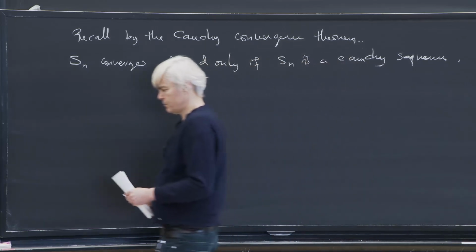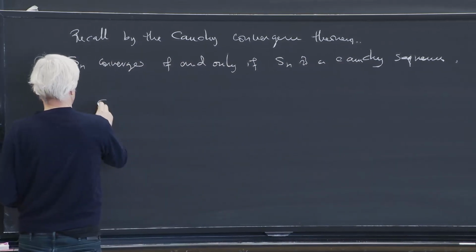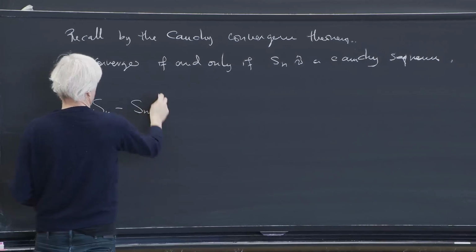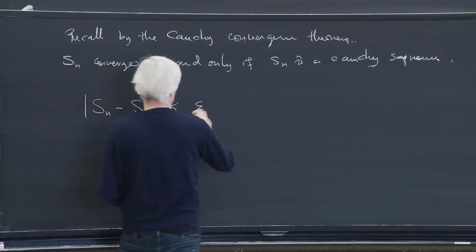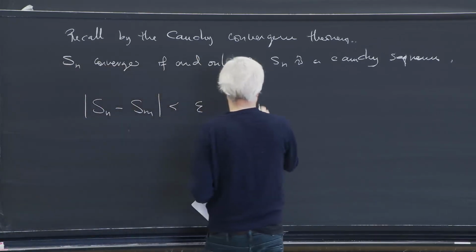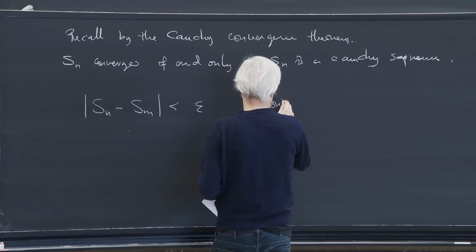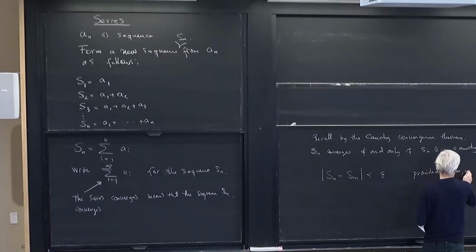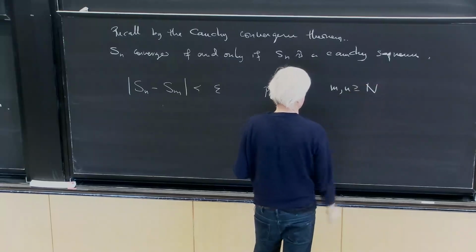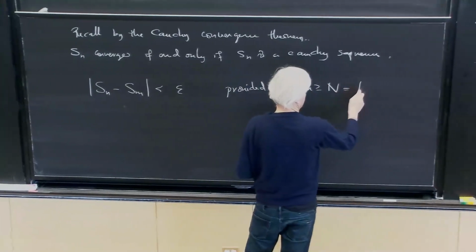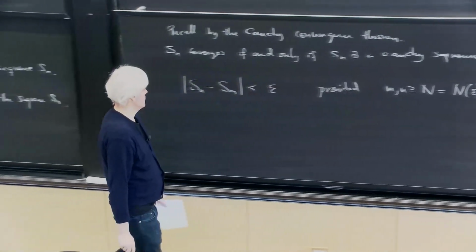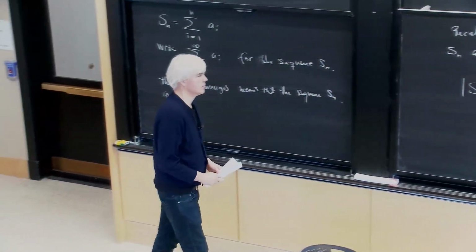And being a Cauchy sequence just means that if you go sufficiently far out and you look at the difference S_n minus S_m, then it is small, provided that m and n are larger than some capital N, where this N is chosen depending on epsilon. That's what it means to be a Cauchy sequence.